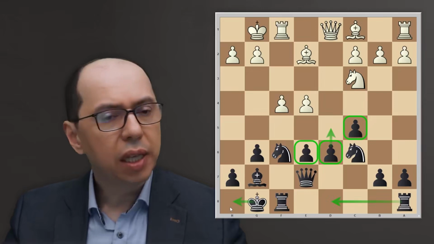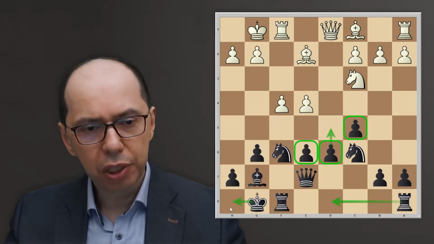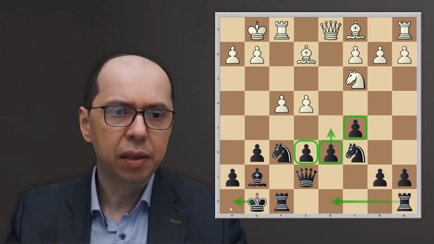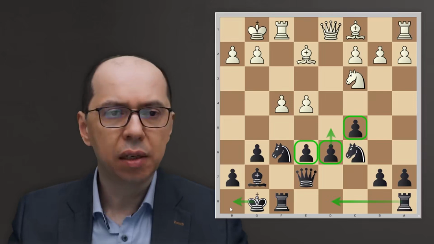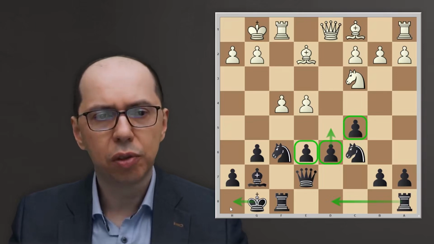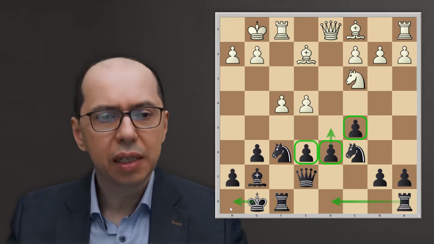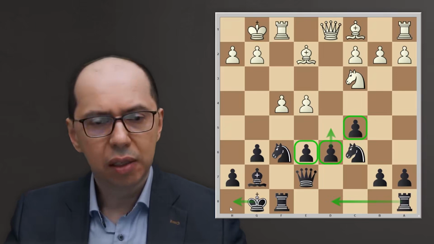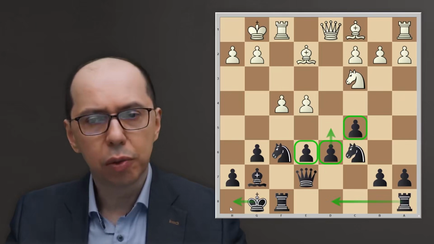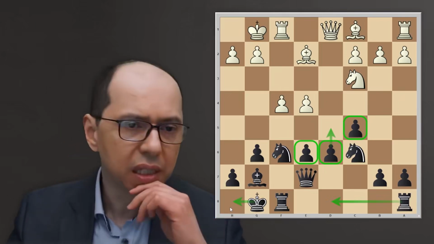And in general, I find this sort of positions where the two bishops are facing a stronger center, these positions are always difficult for the bishops. The bishops do not do well against a fortified central position, and I personally also would prefer to play with the black pieces here.